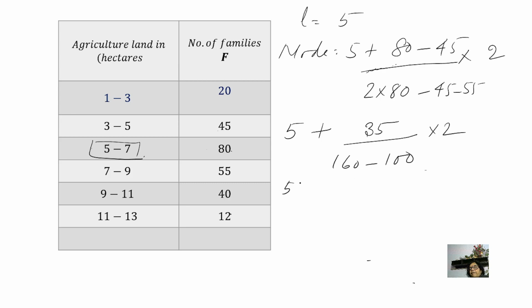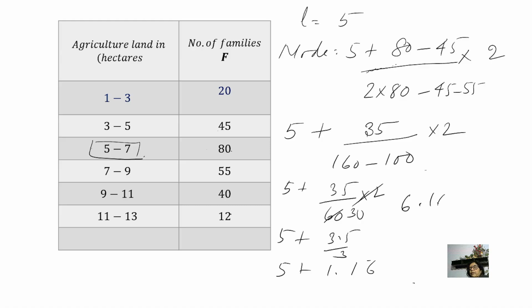So we get here 5 plus 35 by 60 into 2. So this becomes 5 plus 3.5 by 3. So I can write as 5 plus 1.16 approximately. So the modal value comes as 6.16.